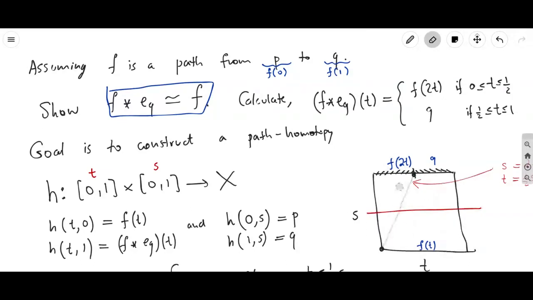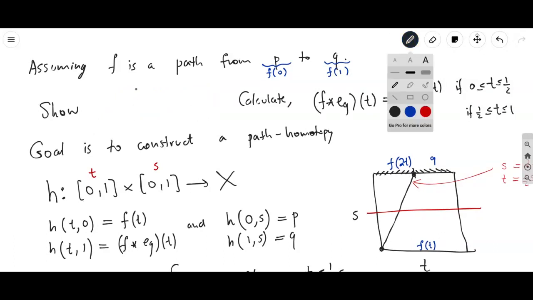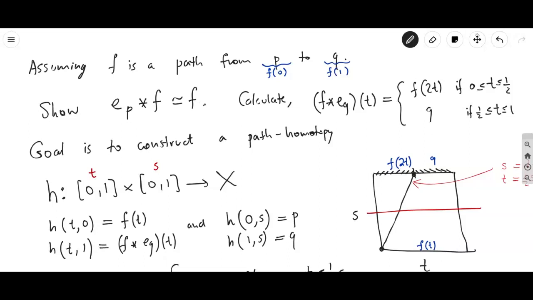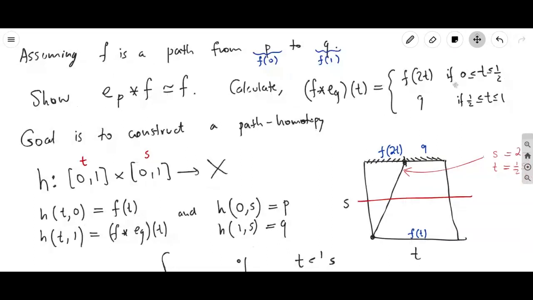So it's easy, instead of changing the pictures all the way around, it's going to be easier to change what we want to show. So instead of showing this, you can show that. To make the picture work out correctly, I'm just going to change this up a little bit. We're rather going to show it the other way around. We're going to show that if we do EP juxtaposed F, it's going to be homotopic with G, because I do not want to change the picture now.